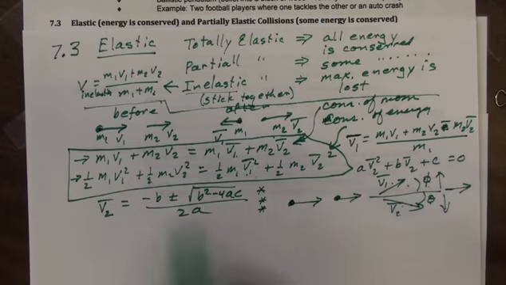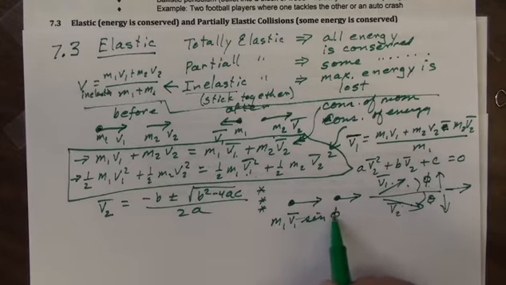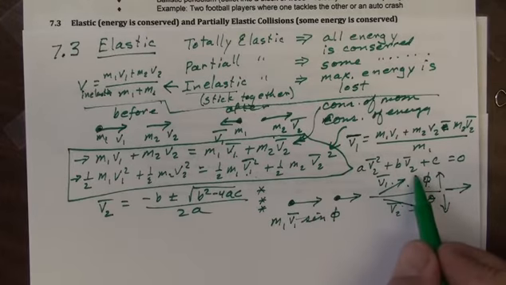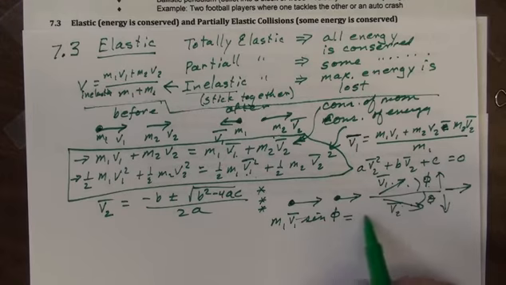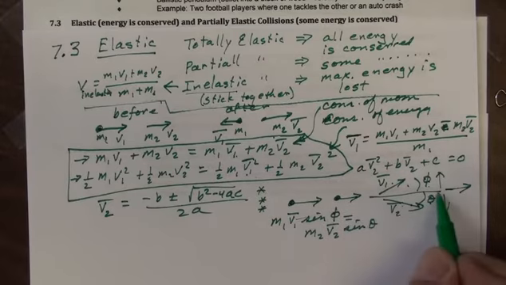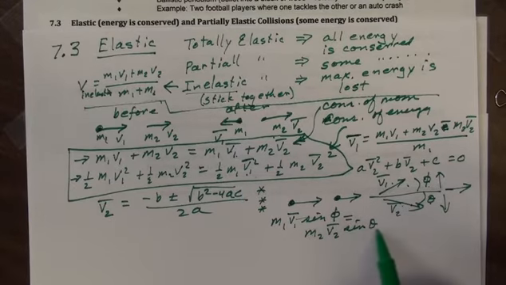And that other equation is that M1 V1 bar times the sine of phi, that's the momentum in this direction, must equal M2 V2 bar times the sine of theta. That balances the momentum going this way and the momentum going this way as these two particles careen off of one another. So we know that this has to hold.